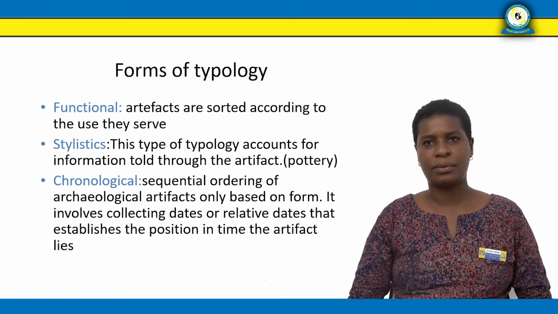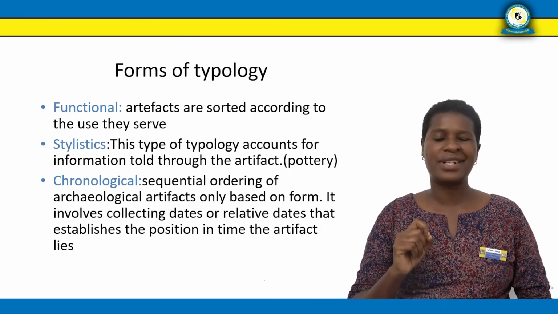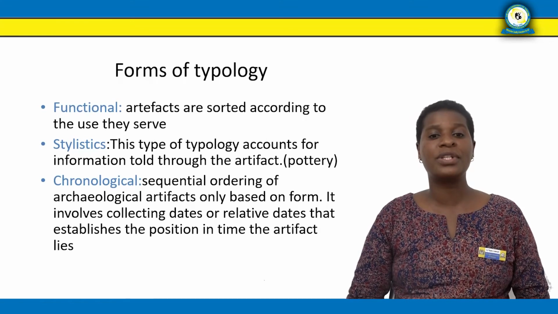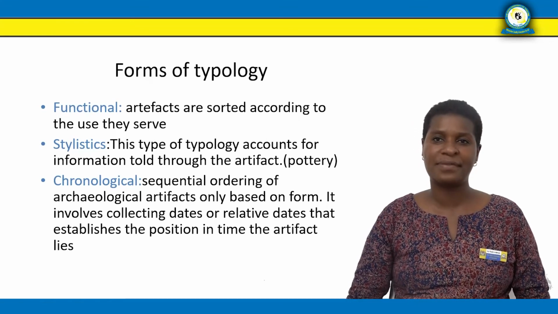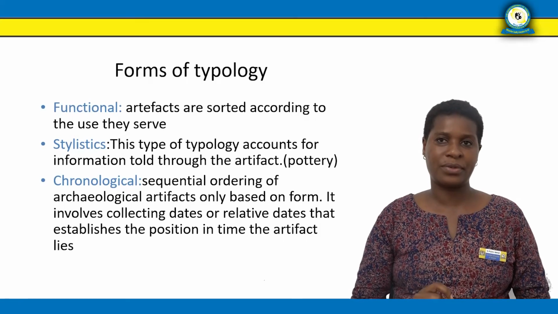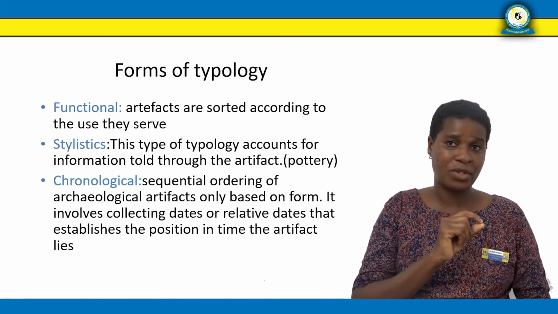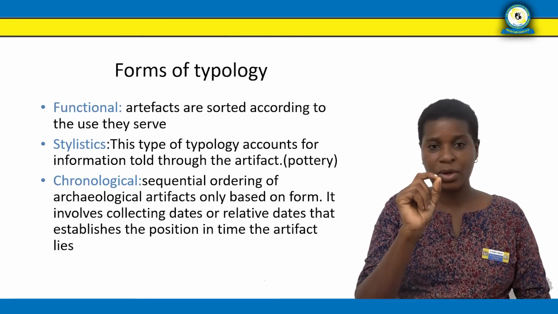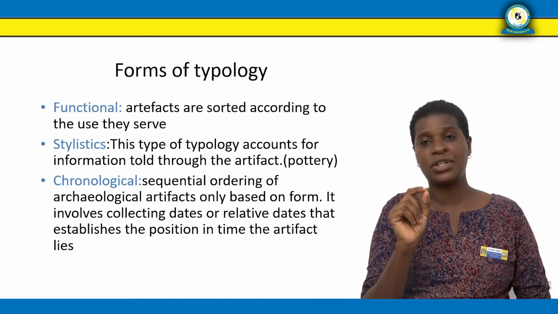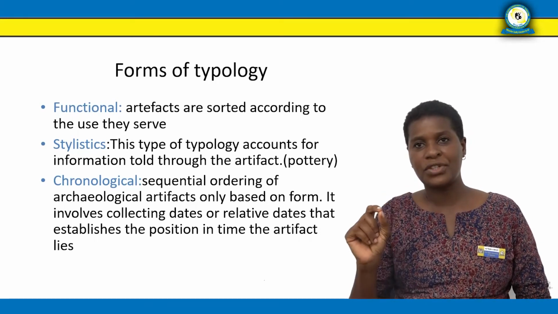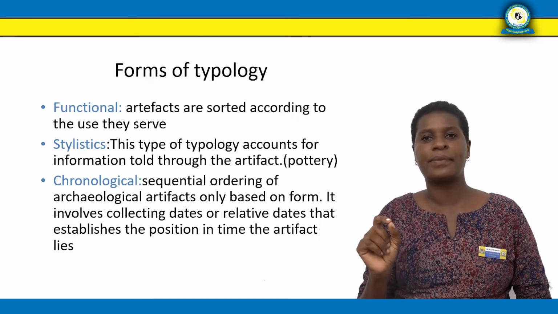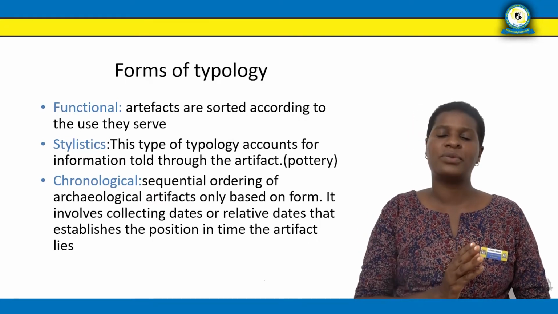What are they used for? So it is classification of the artifacts or the materials according to the use they serve. So that's the first type of typology. We said according to their physical characteristics, and the first one is the function aspect. What were they used for? You can group them together.